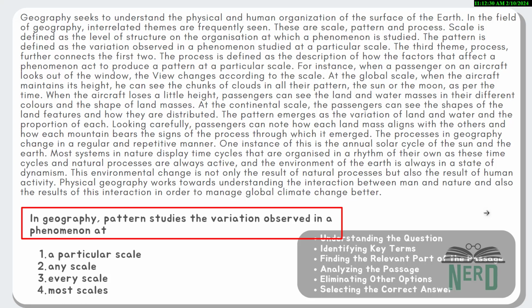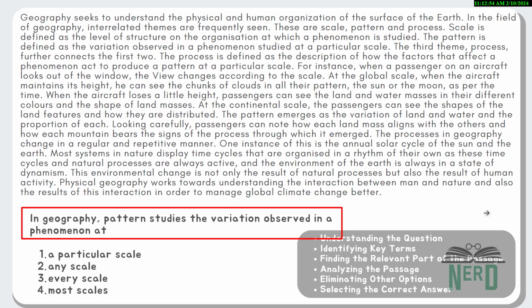So our next step is to find the key term, right? So the key term here is pattern, indicating we need to find the passage section that explains how patterns in geography are studied in relation to scale, right? So our next step is finding the relevant part of that passage which mentions all the key terms, right?